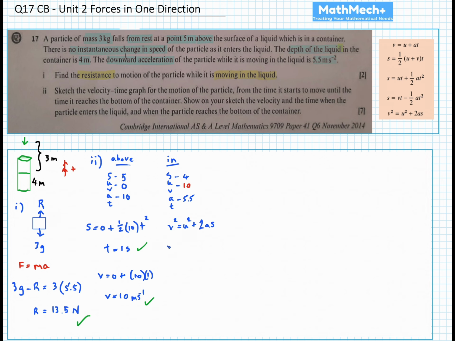So v squared equals 10 squared plus 2 times 5.5 times 4. So v squared is 144, and our v, of course, the root of that, is 12.